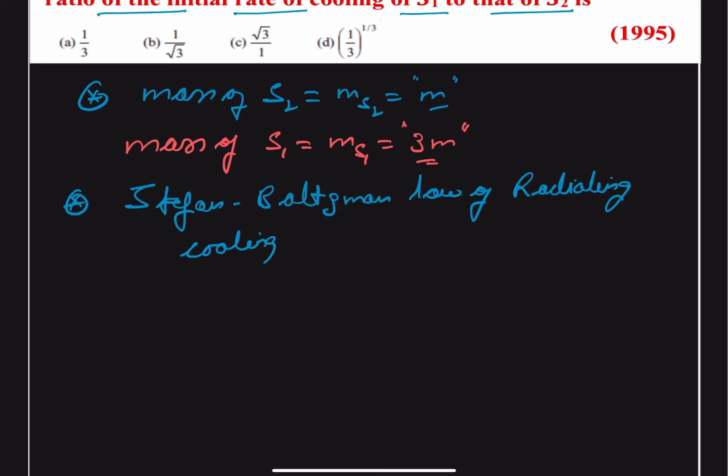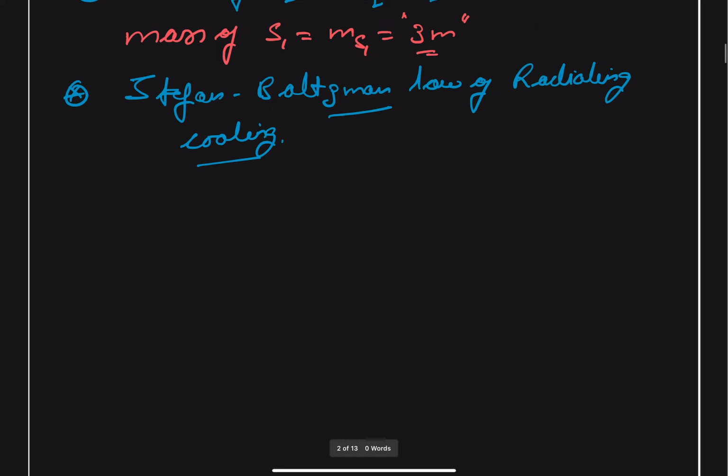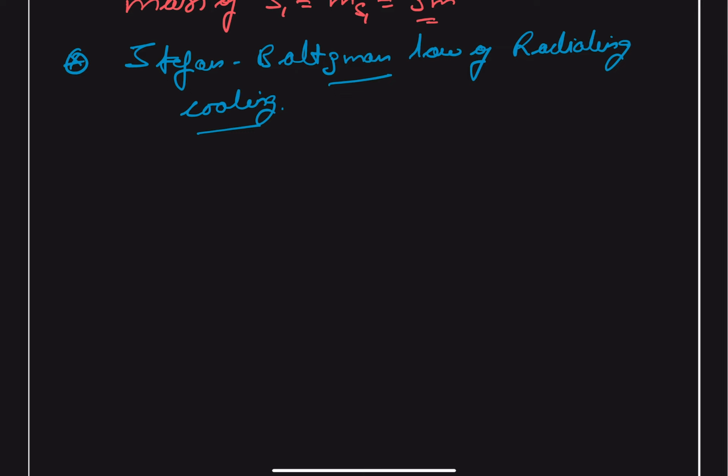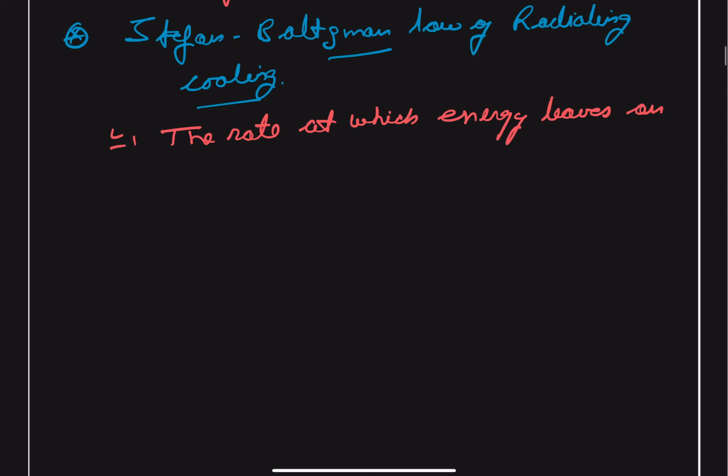This relationship tells us the rate at which energy leaves an object due to radiation.